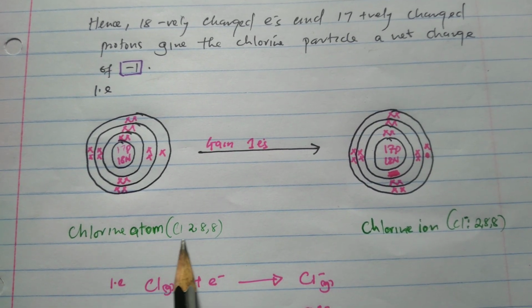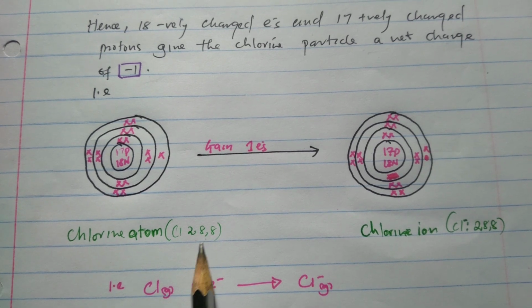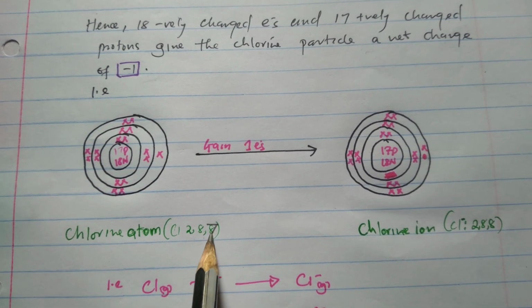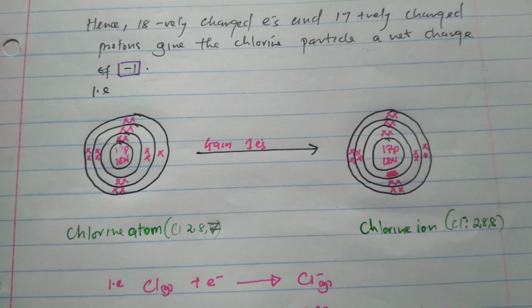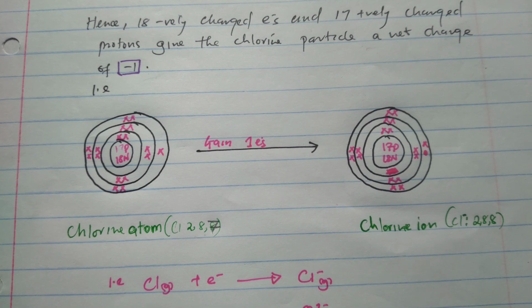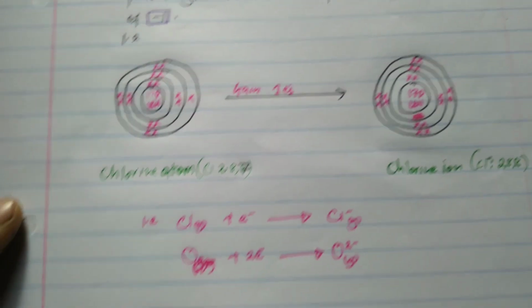And for example, here we have 2 8 7, and then here it's 2 8 8, meaning that the outermost energy level is now full.